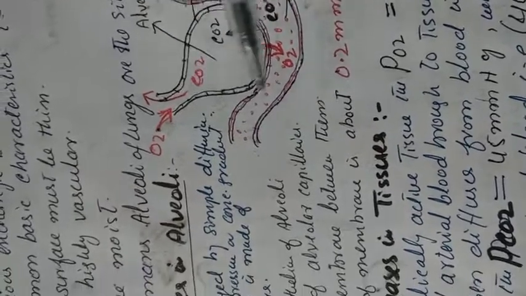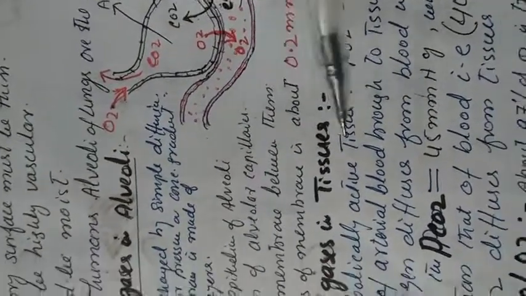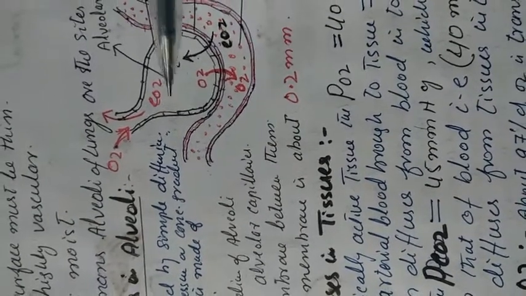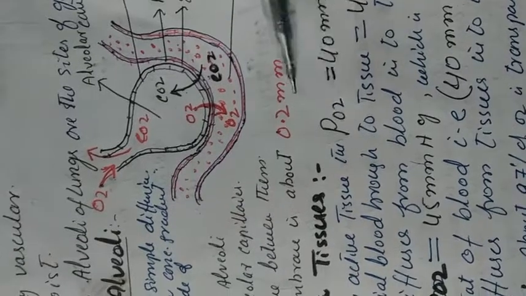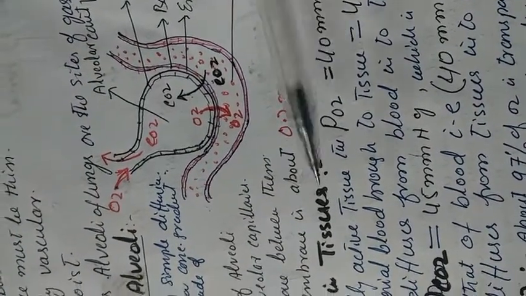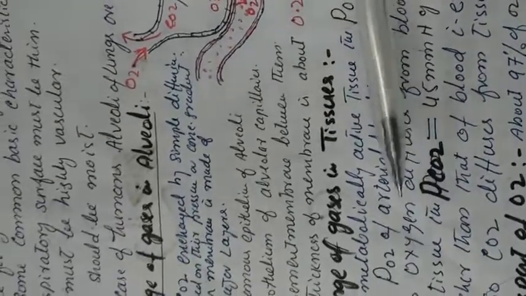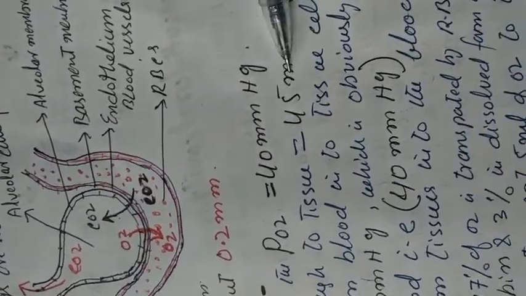Now, the exchange of gases in tissues. In metabolically active tissues, the partial pressure of oxygen, which is designated as PO2, is normally 40 millimeter of mercury, and the partial pressure of arterial blood brought to these tissues is normally 45 millimeters of mercury.